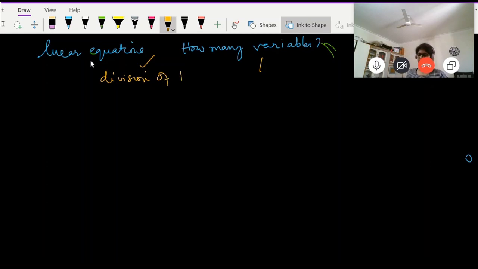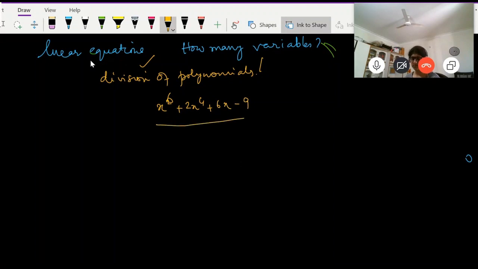So let's say I have a polynomial x to the power 6 plus 2x to the power 4 plus 6x minus 9, and I want to divide it by x cube plus 3. How will I do that?